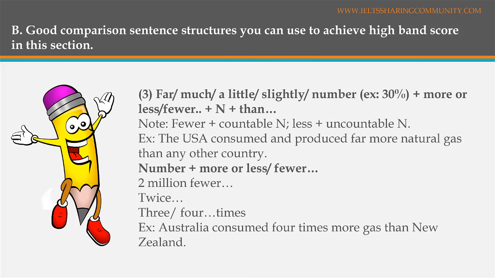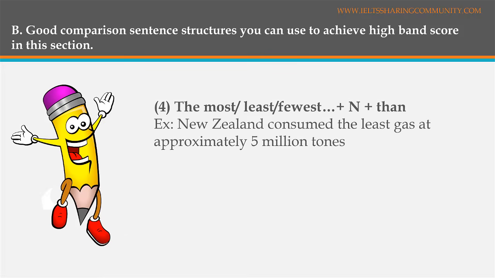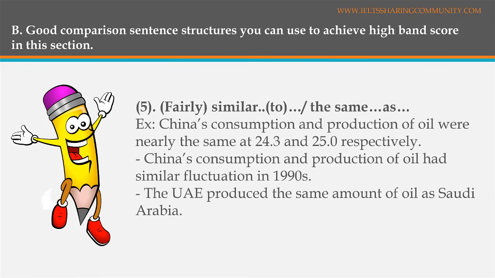They consume and produce far more natural gas than other countries. Australia consumes 4 times more gas than New Zealand. New Zealand consumes the least gas at approximately 5 million tons. China's consumption and production of oil were nearly the same at 20.3 and 25 respectively.